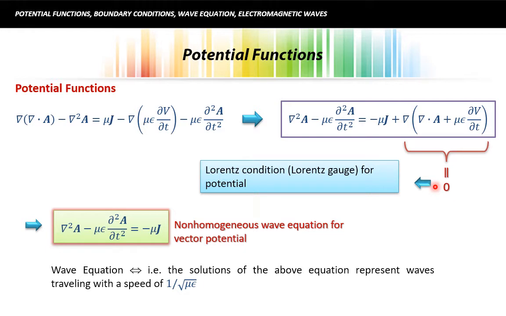This assumption has a special name, which is called the Lorentz condition or Lorentz gauge for potential. Therefore, the equation for the magnetic potential A takes the following form: del squared A minus mu epsilon del squared A over del t squared is equal to minus mu J. This is the so-called non-homogeneous wave equation for the vector potential using the Lorentz gauge.